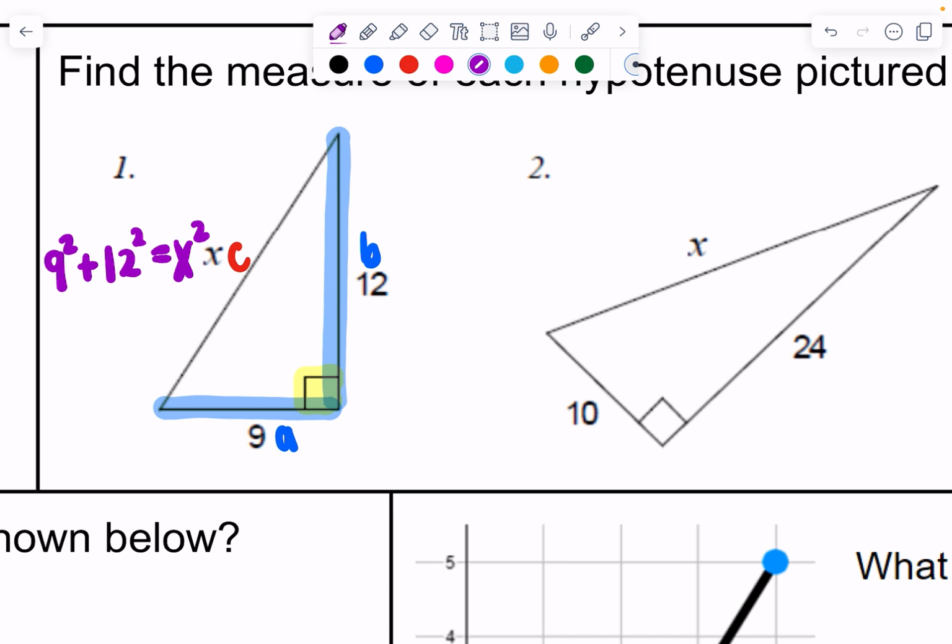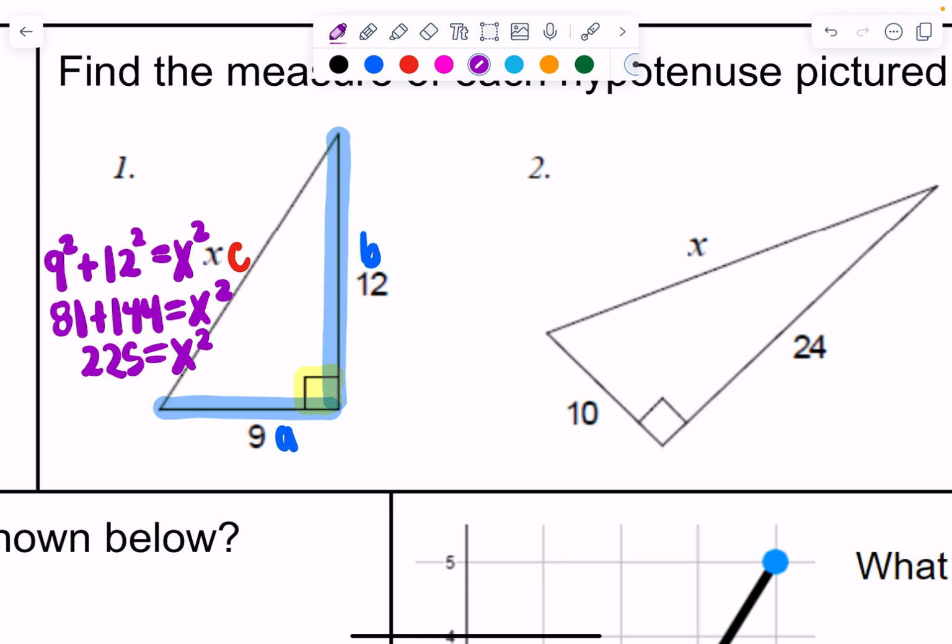So we have 9 squared. 9 times 9 is 81. And 12 squared is 144. Equals X squared. And 81 plus 144 is 225. So we have 225 equals X squared.